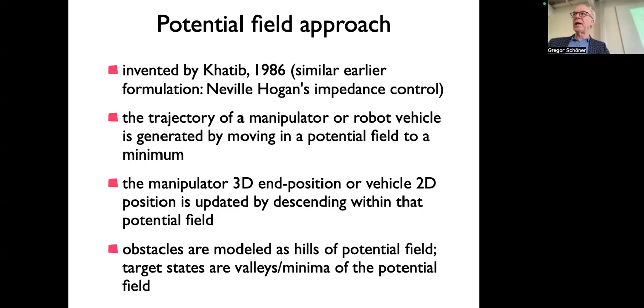I'll not talk about that here, even though it's interesting to us in controlling arms. Just historically, similar ideas arriving at about the same time. Khatib's approach has been used a lot for vehicles, even though he developed it initially primarily for robot arms. I'll not really go deep into that here.